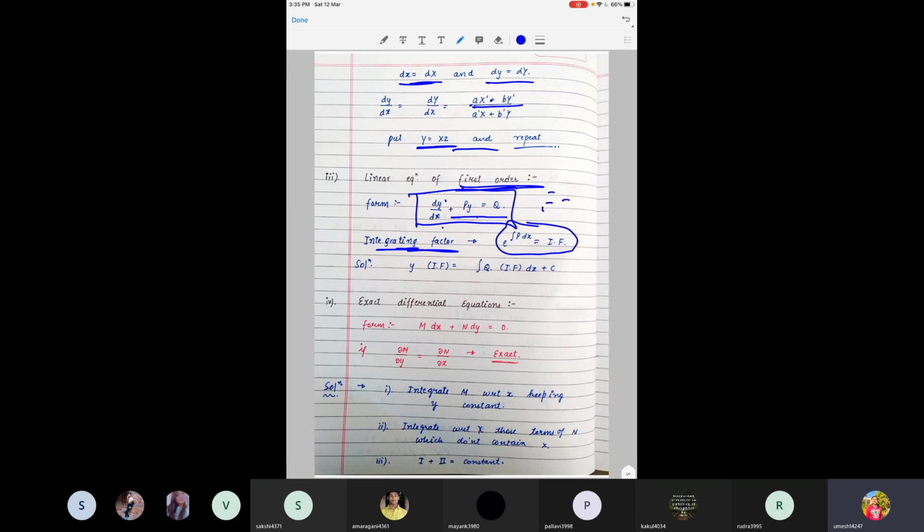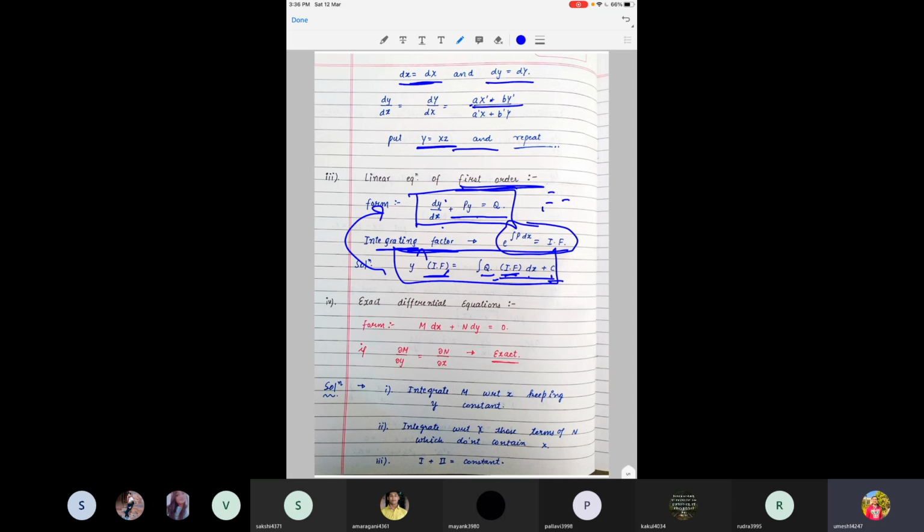Okay, and if we need to find the solution of this whole equation, what we would be doing, y into integrating factor is equals to integration of q times integrating factor dx plus c. q और integrating factor को हमें integrate करना है with respect to x, adding some constant. What we would end up getting is the solution of this linear first order equation.